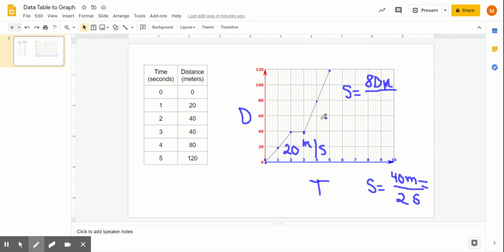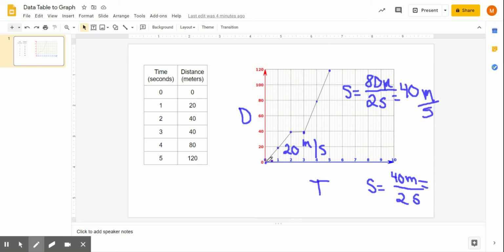How long did it take me to travel that 80 meters? Well, that segment starts at 3 seconds and it ends at 5 seconds. So it took me 2 seconds to go from here to here. And 80 divided by 2 is 40 meters per second.